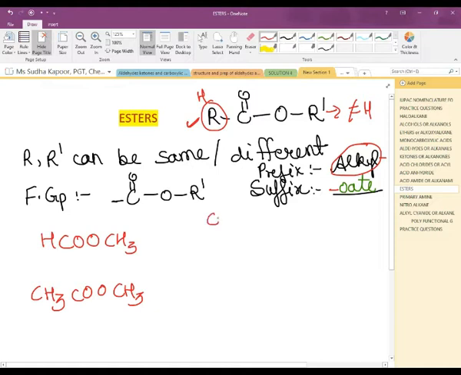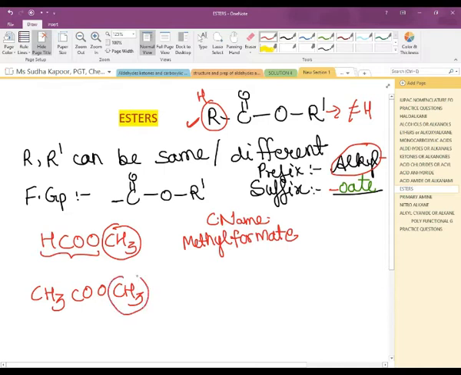The first one, in the common name, the first example, HCOOCH3. So we will call it alkyl, that is methyl. And the one carbon acid that we have used is known as formic acid, so we will call it methyl formate. In the other case, it is again methyl, and the 2 carbon common acid is acetic acid, so we will call it methyl acetate.